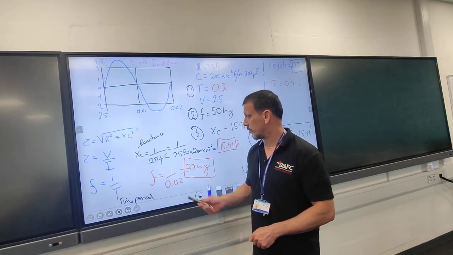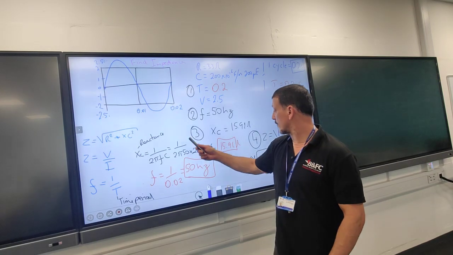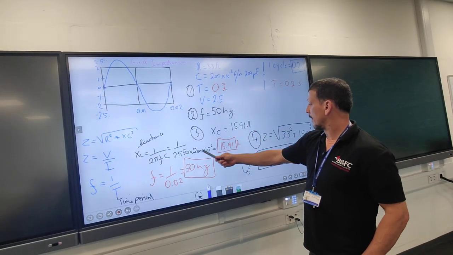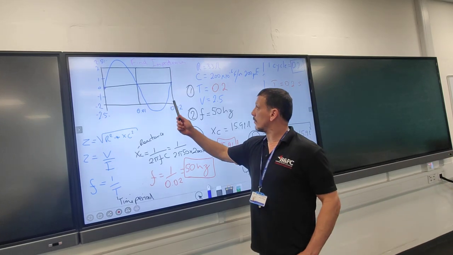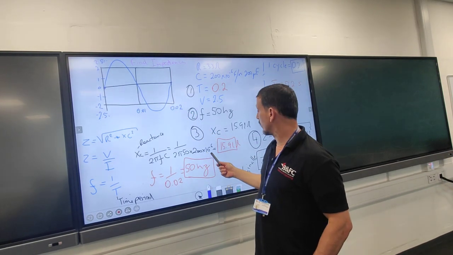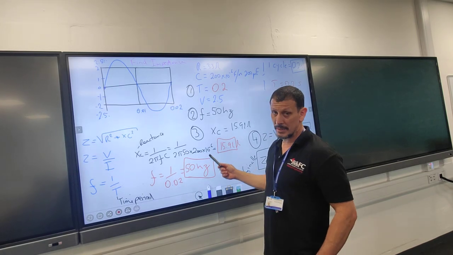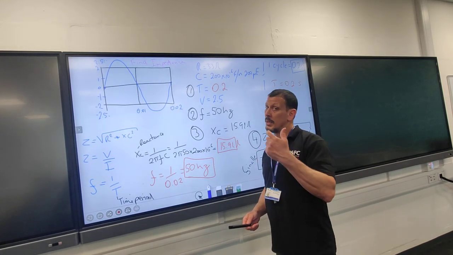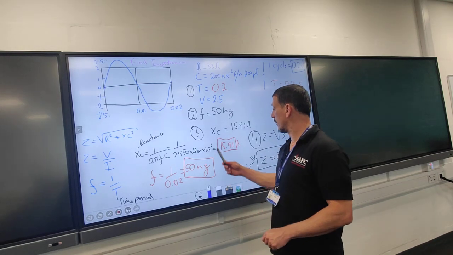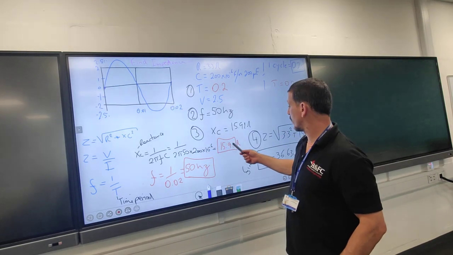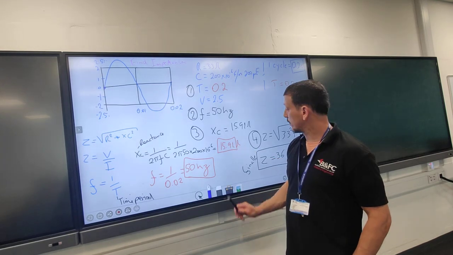So all we do now is 1 divided by 2 pi times 50, times the value of the capacitor, which is given in the question as 200 microfarads. So it's 200 times 10 to the minus 6. Remember engineering notation, milli, 10 to the minus 3, micro, 10 to the minus 6. And we get a capacitive reactance of 15.91 ohms.